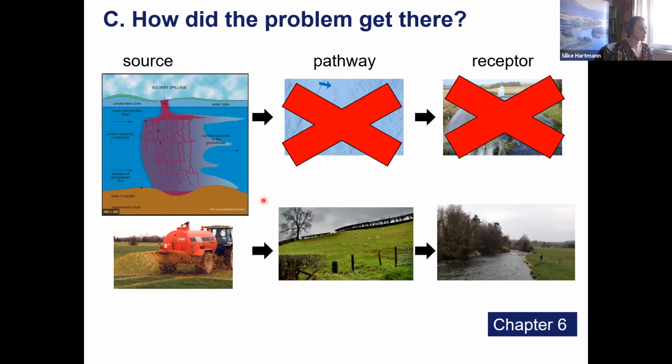So the only option we have is looking at measures that control the source. So we can either eliminate or minimize the source. And that's where protection guidelines, good codes of practice, and so on come in. A similar story applies to pressures resulting from land use activities.